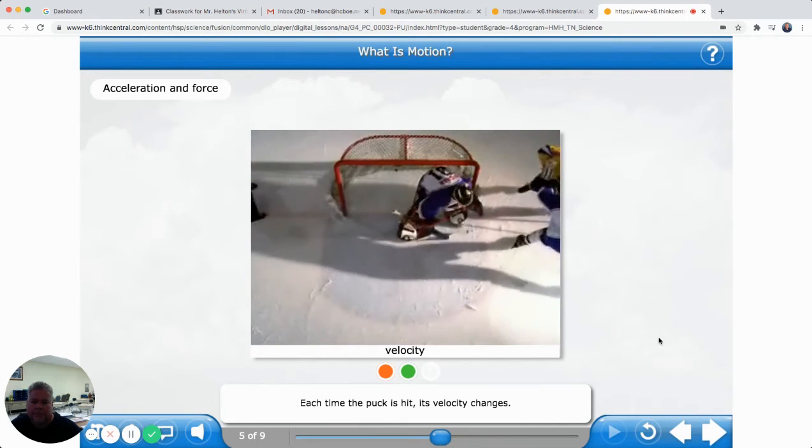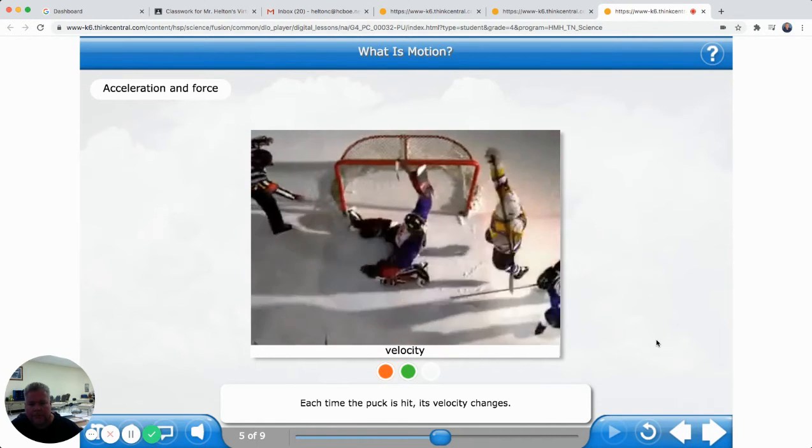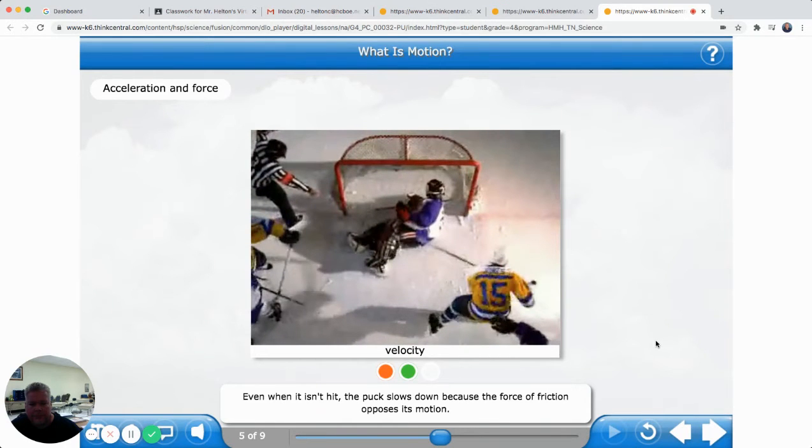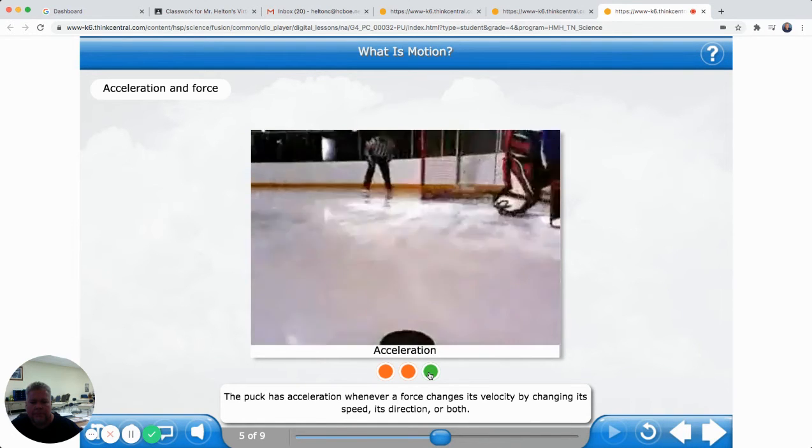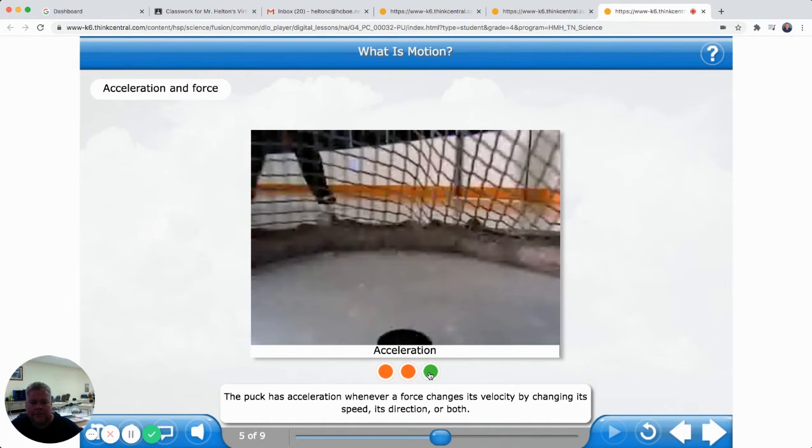Each time the puck is hit, its velocity changes. Even when it isn't hit, the puck slows down because the force of friction opposes its motion. The puck has acceleration whenever a force changes its velocity by changing its speed, its direction, or both.